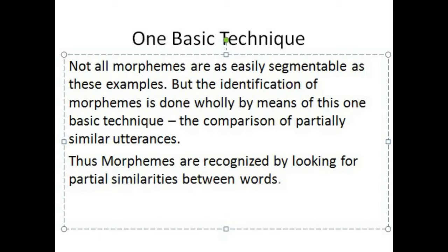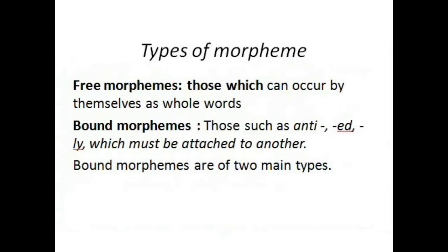Okay, let's see what the types of morpheme are. We need to know the basic types of morpheme. We basically have free morphemes and bound morphemes. What do we mean by free morphemes? Those morphemes which can occur by themselves as whole words.